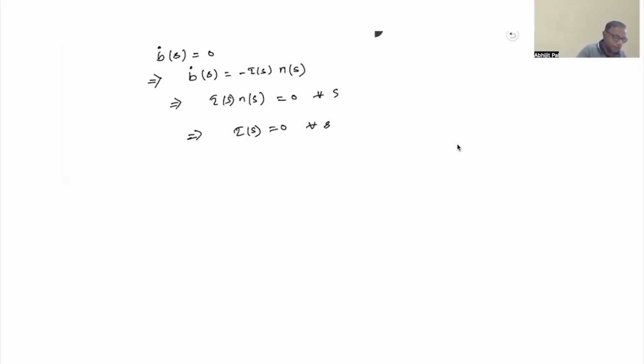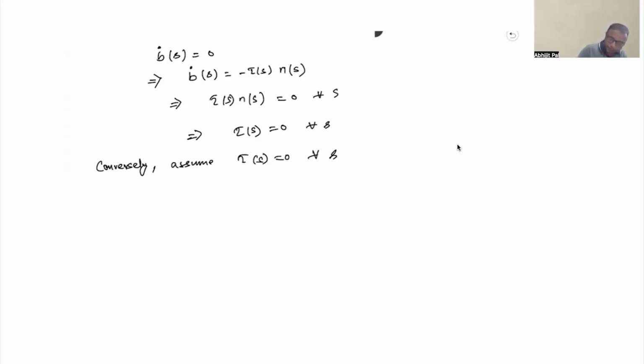Okay, and conversely, assume tau(s) equal to 0 for all s. So the torsion of this curve gamma is equal to 0 for all s.